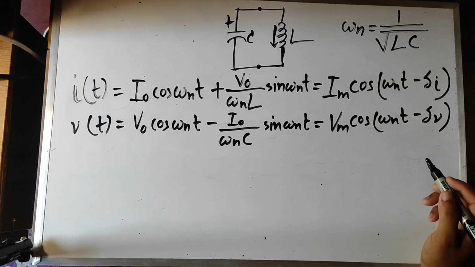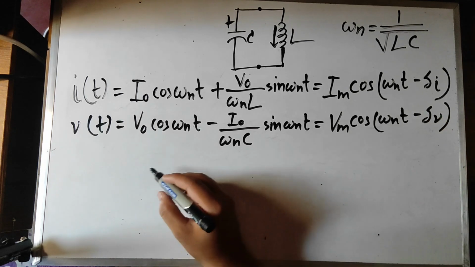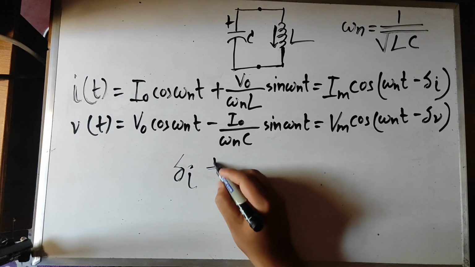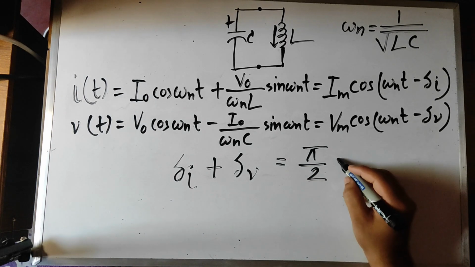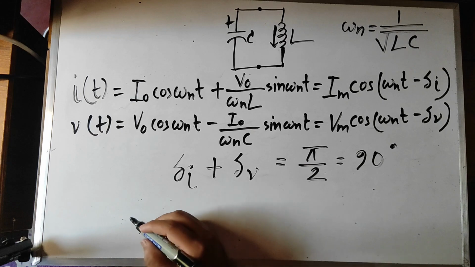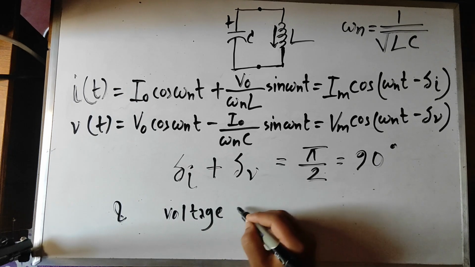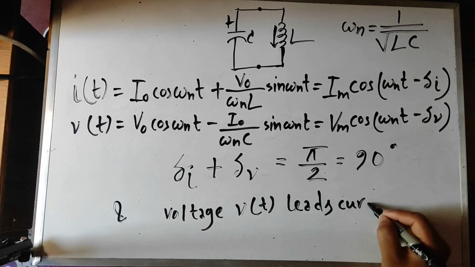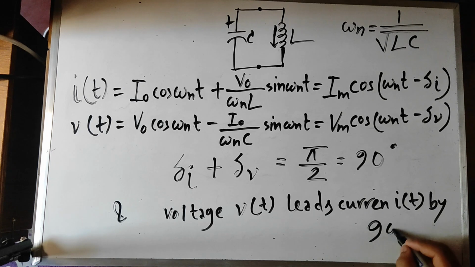This is the general form, in amplitude phase form, and from this we also see that the phase delta I plus delta V is pi by 2, equal to 90 degrees, and that voltage v(t) leads current i(t) by 90 degrees.